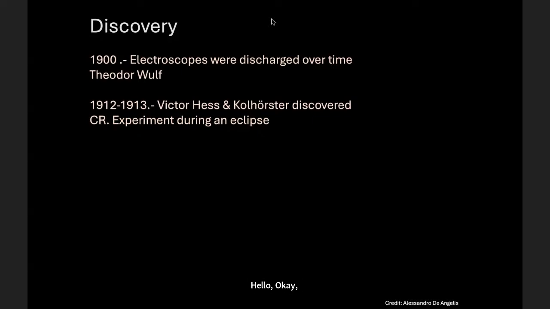Okay, so cosmic rays were discovered in 1912, but before that, it was observed by other groups using electroscopes. An electroscope is two metal foils, with another metal here, as is shown here. This is in vacuum, in a bottle.